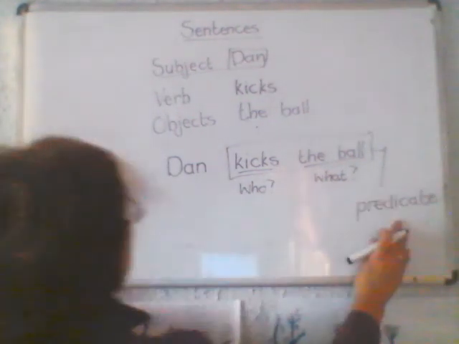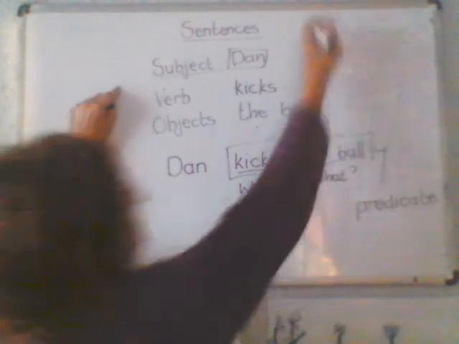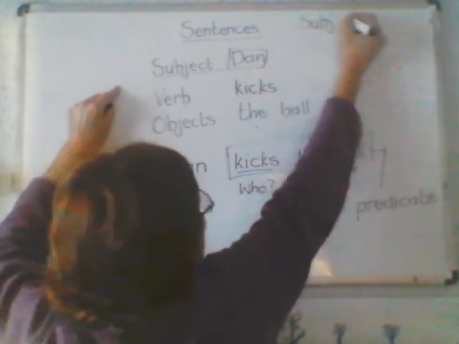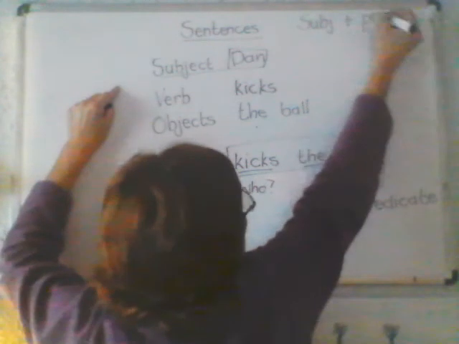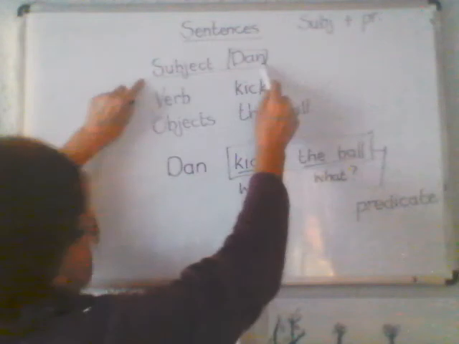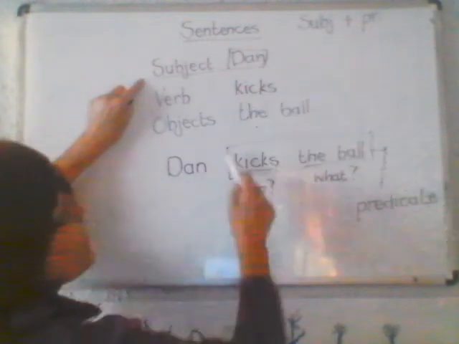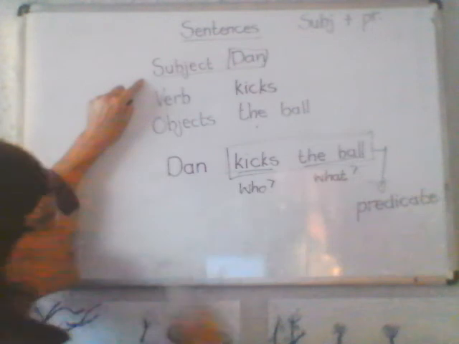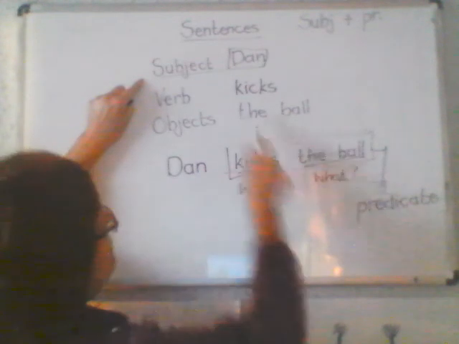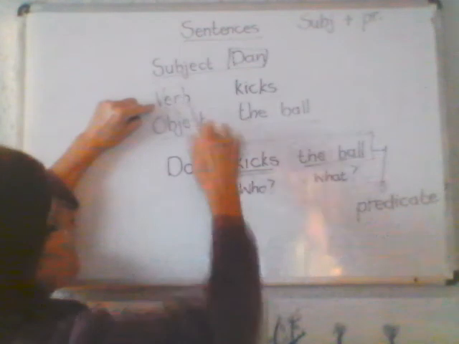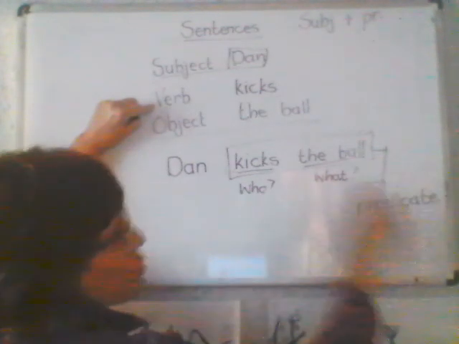Yes, the predicate. So the subject and predicate combination: the subject is your subject of the sentence, and the rest of the sentence is called the predicate. So the rest of the sentence must consist of the verb as well as the object, and that will be your predicate.